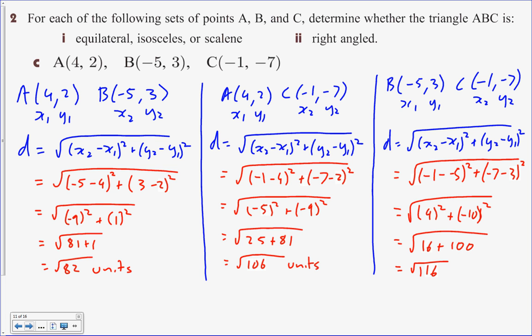So 1, it's scalene, and 2, we can automatically see there that there's no way that those three numbers will add up together to make the same, so therefore not right angle.